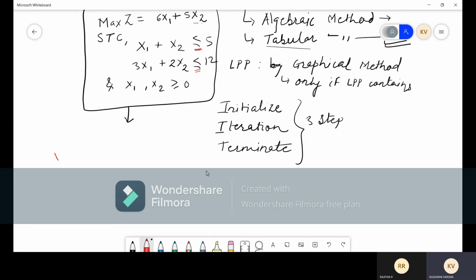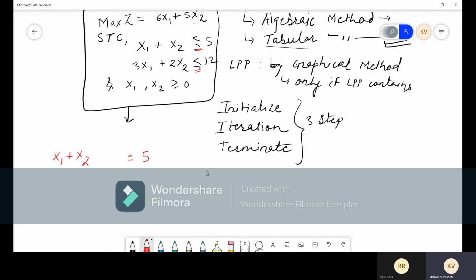So x1 plus x2 right now is less than or equal to 5. If we want to convert this less than or equal to 5 into equal to 5, this should be equal to this.